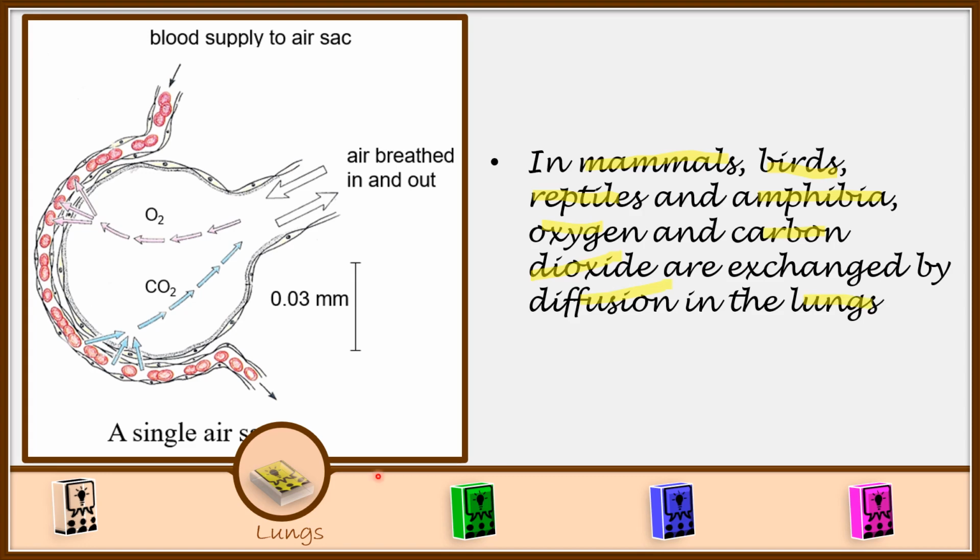So for those organisms like the mammals, like the birds, like the reptiles and amphibians, carbon dioxide and oxygen diffuse through the lungs. So they use the lungs, and they have got air sacs where diffusion of carbon dioxide and diffusion of oxygen is going to take place.